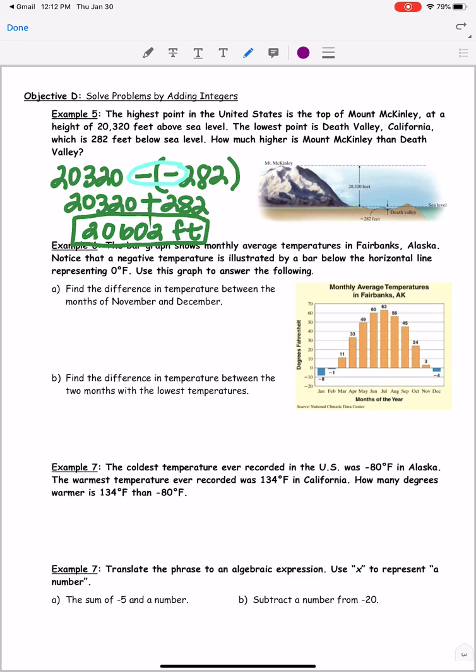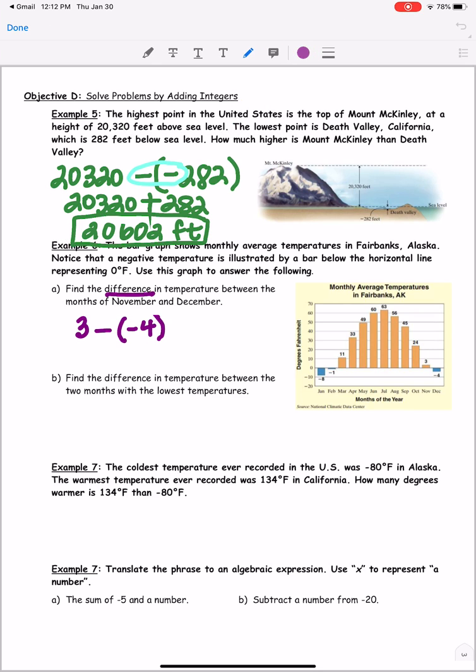So my November temperature is 3 degrees. My December temperature is a negative 4 degrees. And it tells me to find the difference. The difference means to subtract.